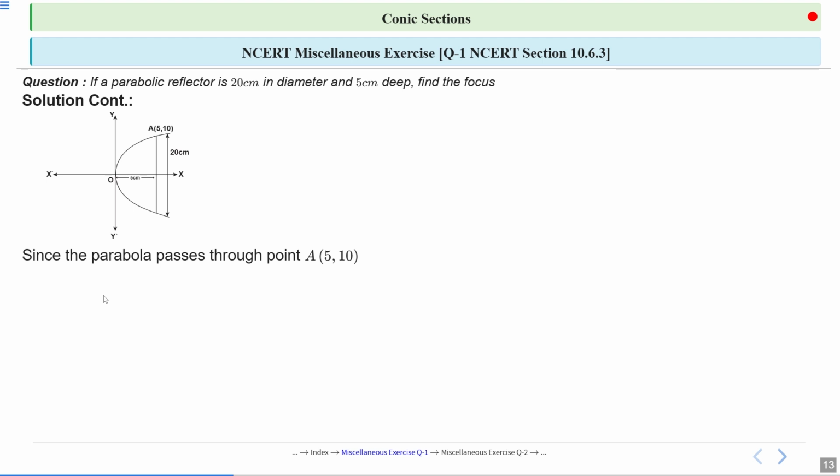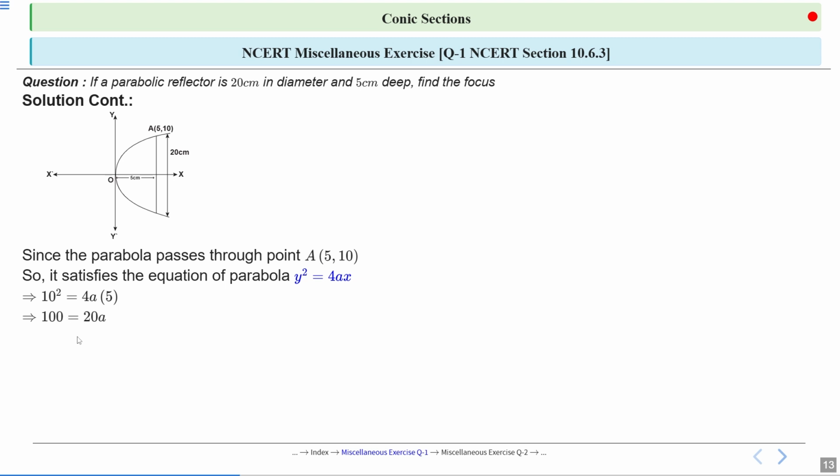Since the parabola passes through the point A (5, 10), this point satisfies the equation of the parabola y square is equal to 4ax. So it implies 10 square is equal to 4 times a into 5.